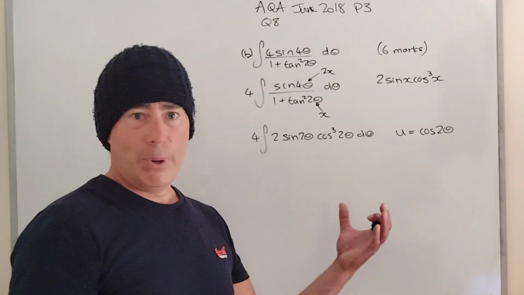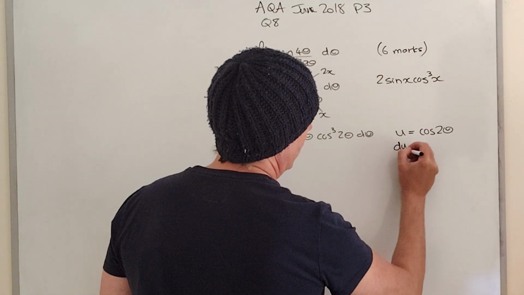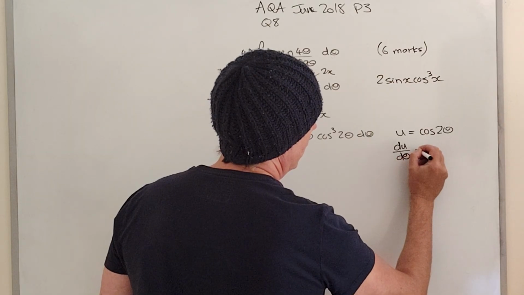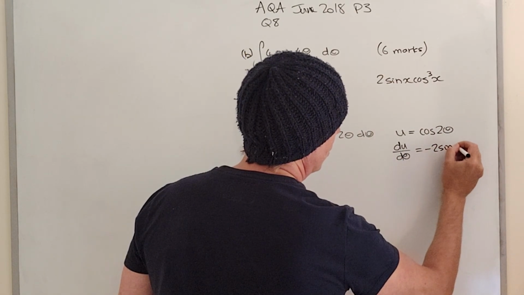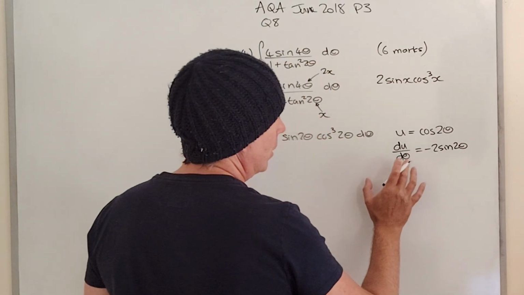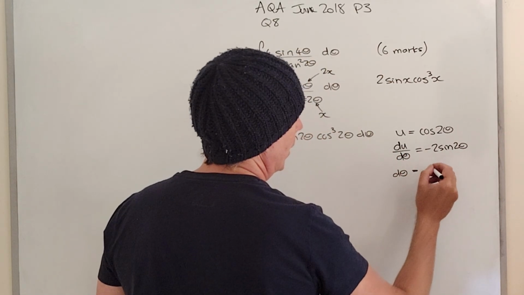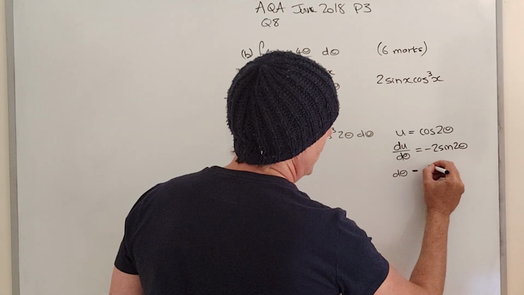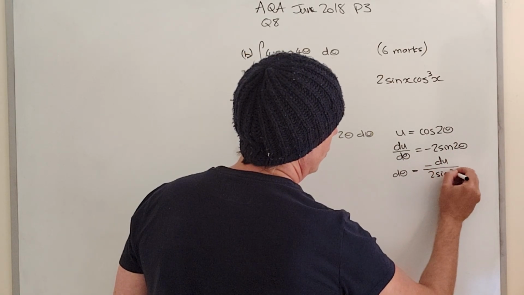Because when we go ahead and differentiate that and replace our variables, you'll notice something. So du by d theta, cos differentiates to negative sine, so it's negative 2 sine 2 theta. And then we can write d theta in terms of du, so that's just going to be negative du all upon 2 sine 2 theta.